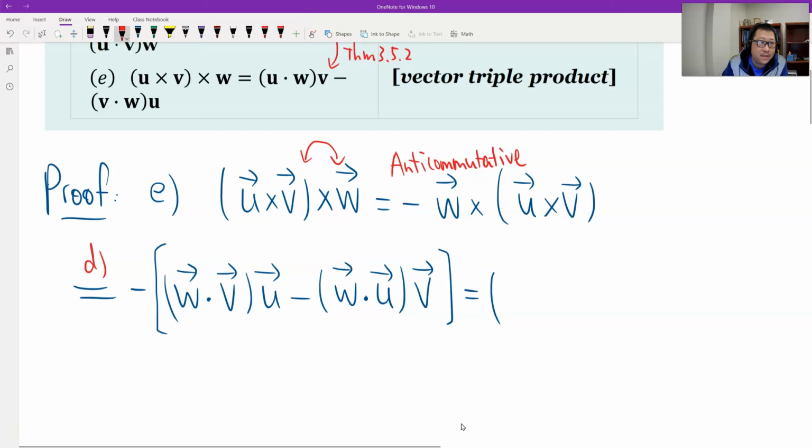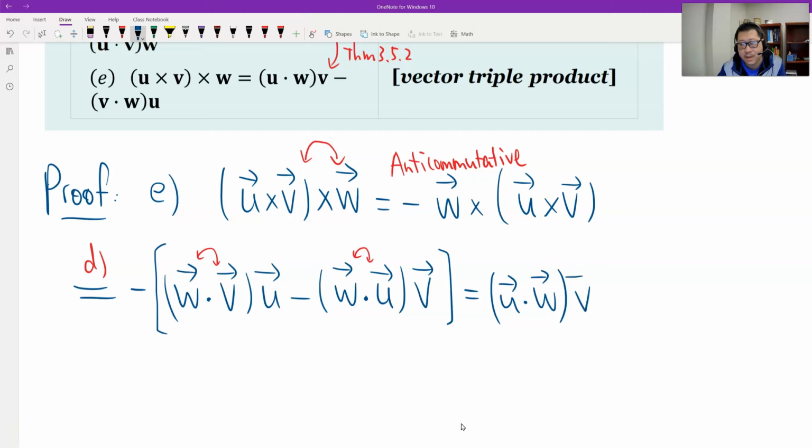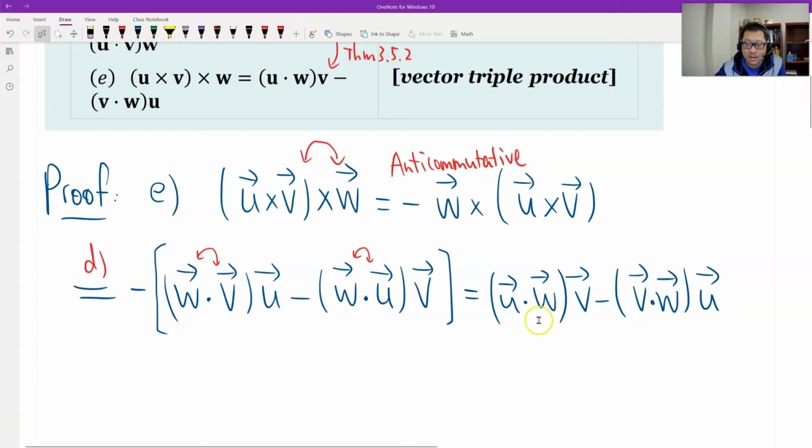So this should be U dot W times V minus V dot W times U, which is the result of E, right? We can compare. So E is correct.